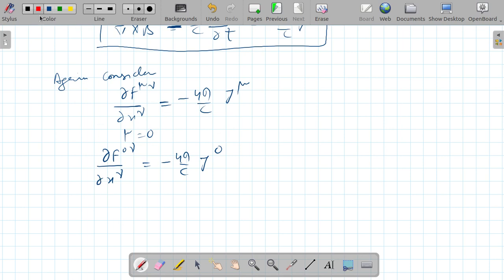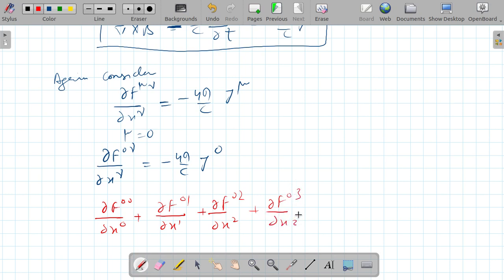So it is basically ∂F^{00}/∂x^0 + ∂F^{01}/∂x^1 + ∂F^{02}/∂x^2 + ∂F^{03}/∂x^3 must be equal to −4π/c J^0, and this F^{00} is equal to 0 as we know from earlier lectures.